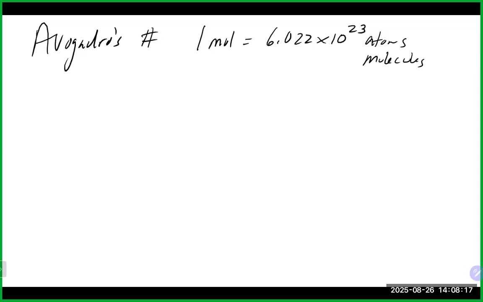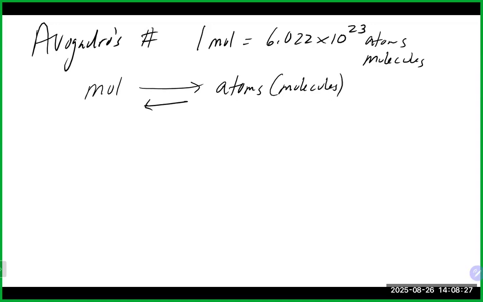But typically we use Avogadro's number as a conversion between moles and atoms or molecules, and backwards. So that's usually what we use Avogadro's number for. Any questions on that?